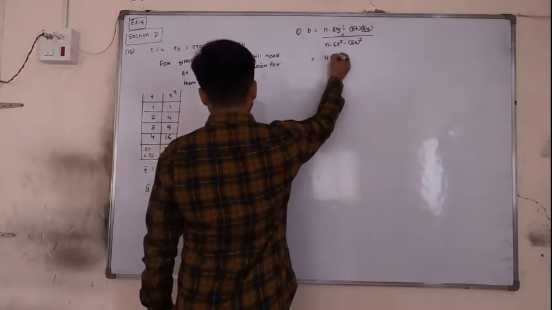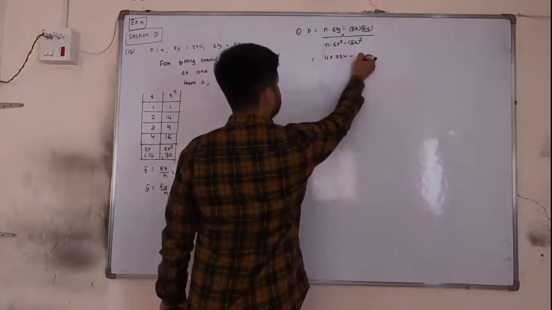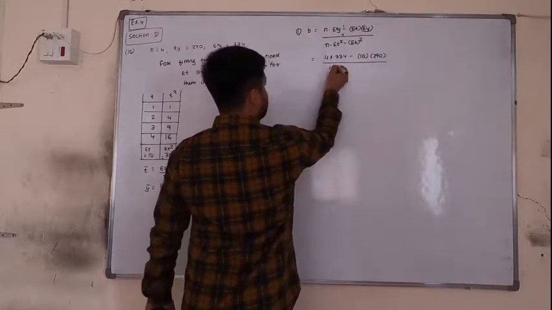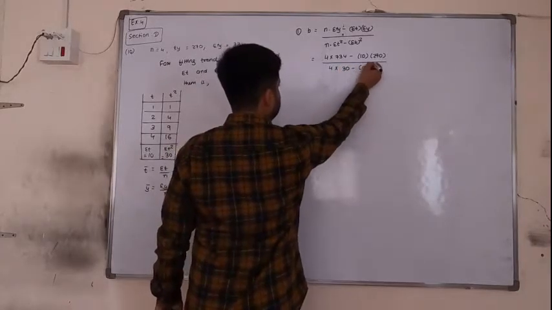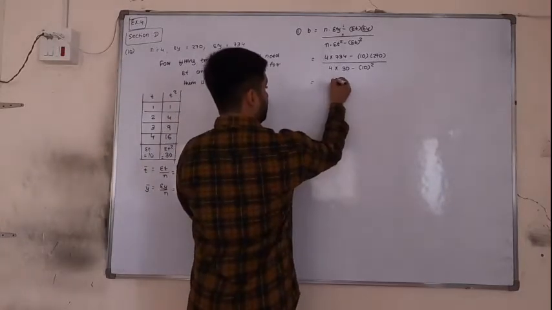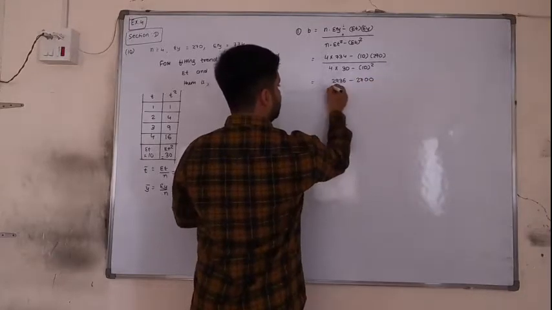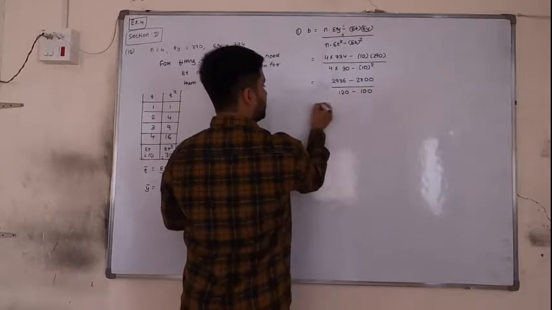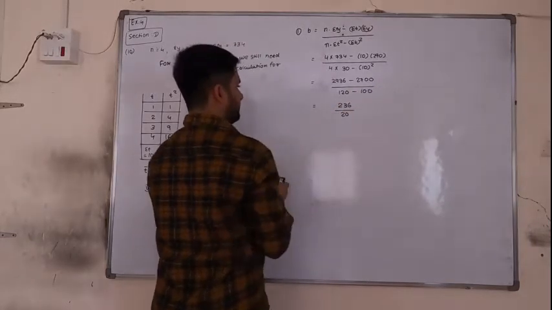N is 4, sigma ty is 734, sigma t is 10, sigma y is 270, divided by n is 4, sigma t square is 30, sigma t whole square is 10 whole square. 734 into 4, 2936, minus 270 into 10 is 2700, 30 into 4 is 120, minus 10 square is 100. So it will be 236 divided by 20.